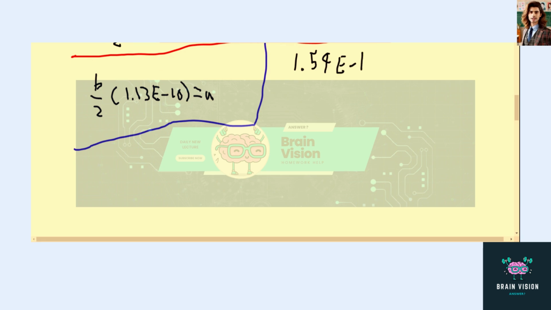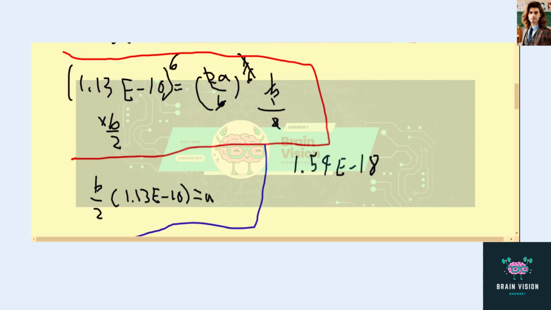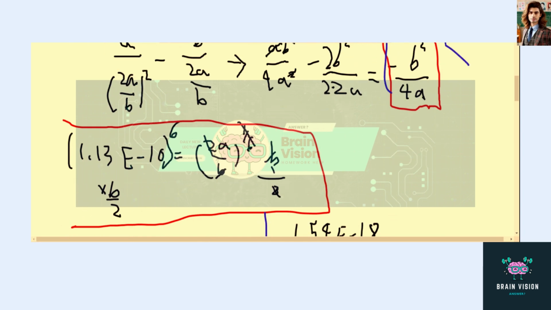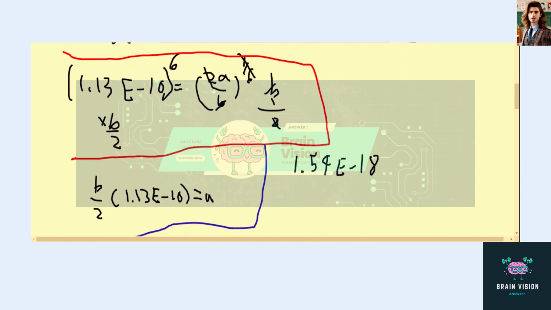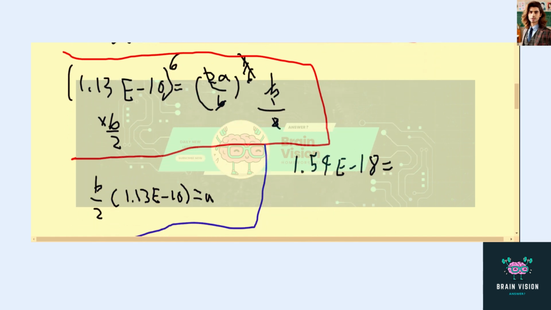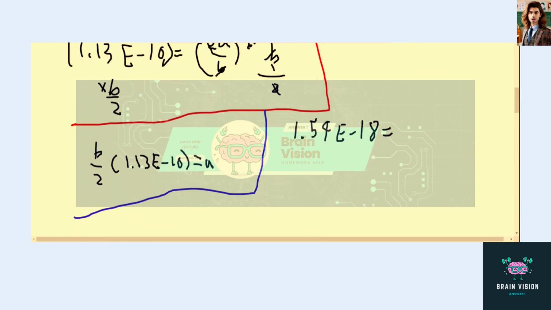1.54 times 10 to the negative 18th. So we know that the energy required is this right here. So we can just set it equal to the formula. But we solve for a. We know what a is. We can put everything in terms of b.